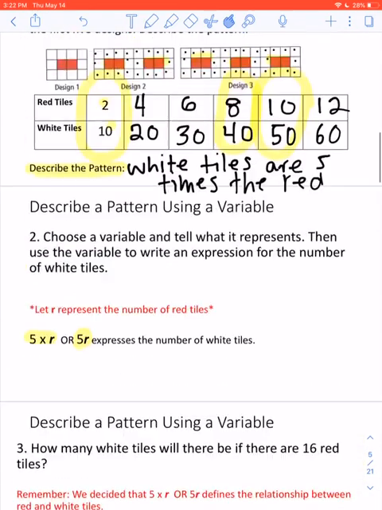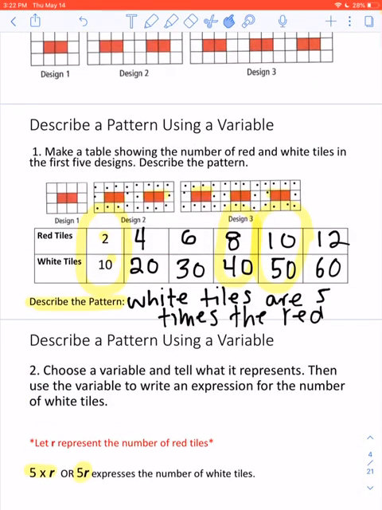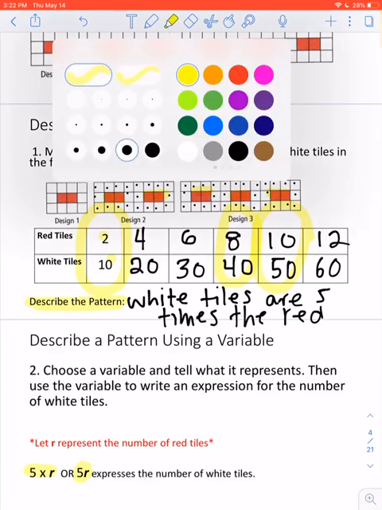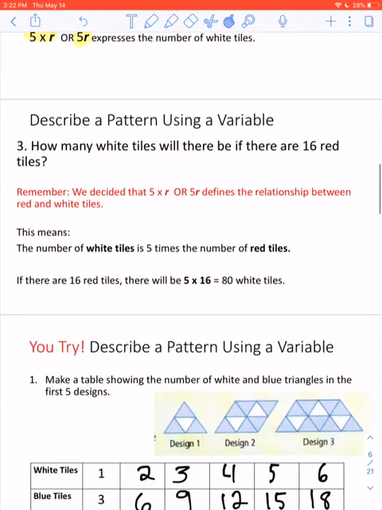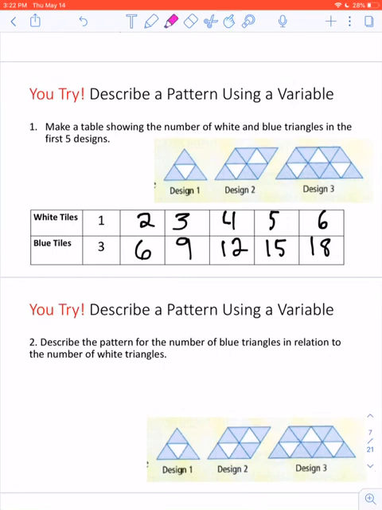So I'm going to scooch back for a second here. That's this part right here. Let me grab a different color. Describe the pattern. The white tiles were 5 times the red tiles. Remember, I was looking at the pattern not happening here or here. I'm looking at the pattern happening this way, the pattern between the white and the blue tiles.